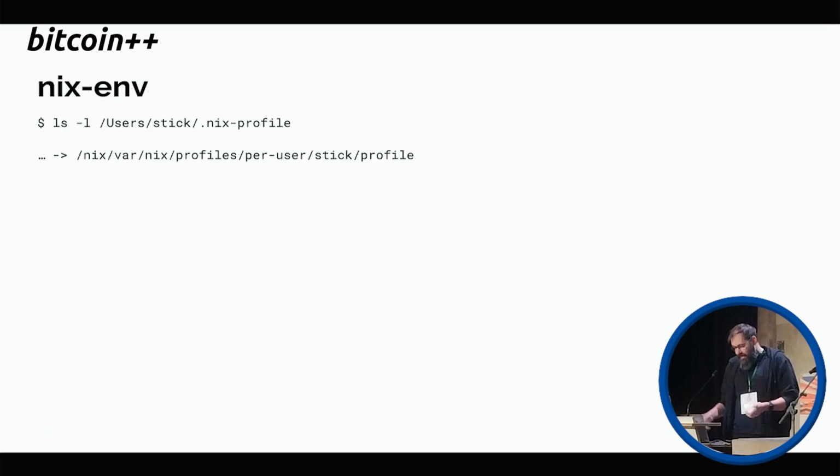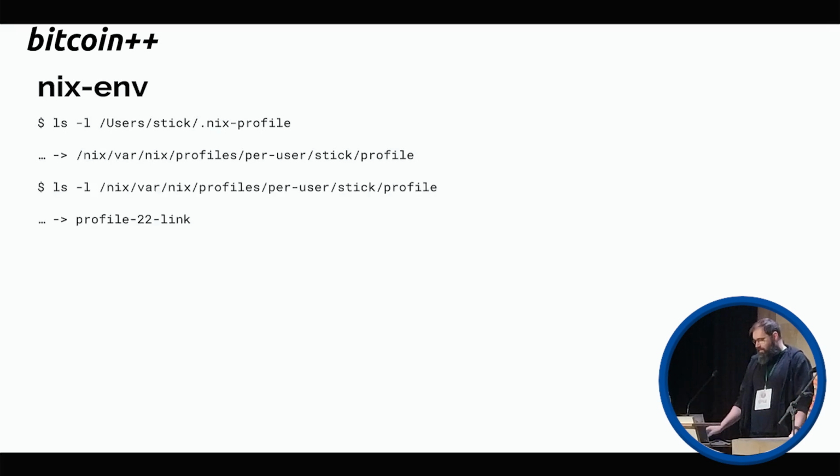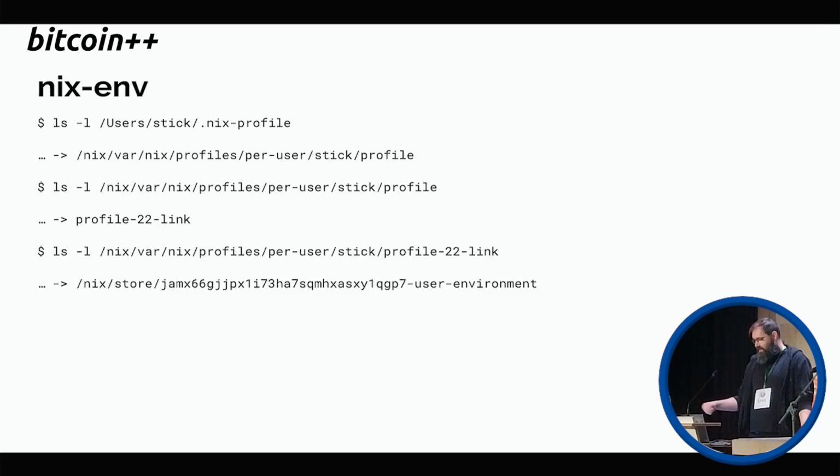Okay, let's explore in more detail what this .nix-profile is. It's a symlink to /nix/var/nix/profiles/per-user/profile. Okay, this is a symlink to profile-22-link in the same location. All right, and this is a symlink to /nix/store/...-user-environment. I've seen user-environment earlier.